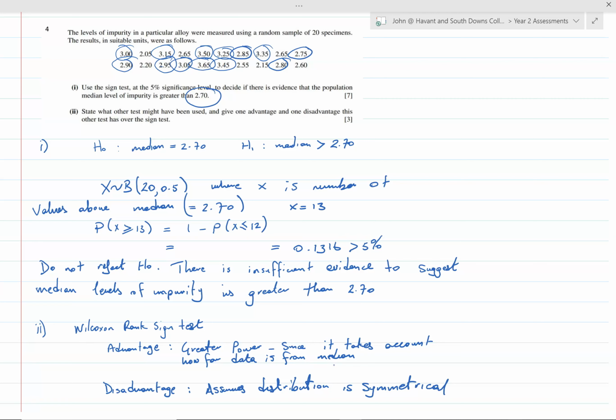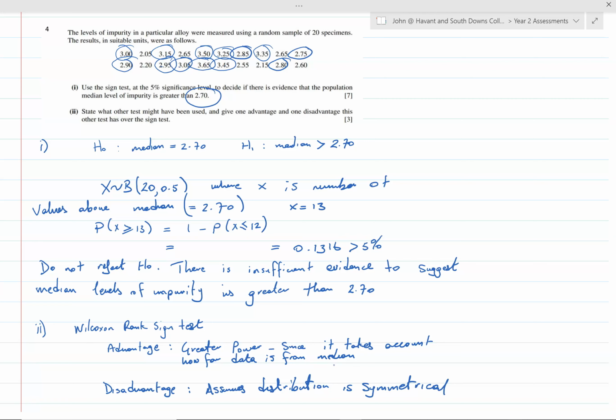That means it is less likely to incorrectly not reject the null hypothesis. So in other words, you might have something significant going on, a change or an increase or a decrease in a certain value, and the Wilcoxon signed rank test is more likely to pick that up.